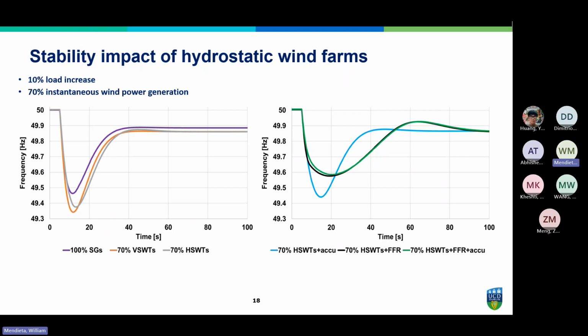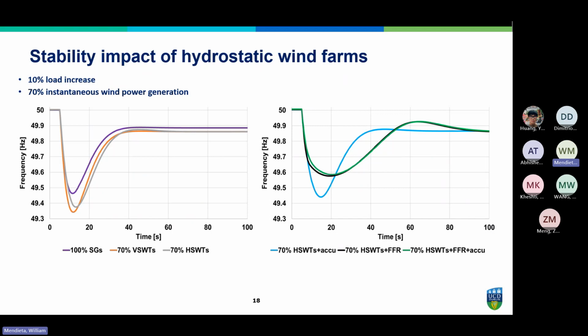The figure on the left shows the case when we have 100% synchronous generators. Then 70% of the synchronous generators is replaced by variable speed wind turbines. And then we replace these variable speed wind turbines with hydrostatic wind turbines.